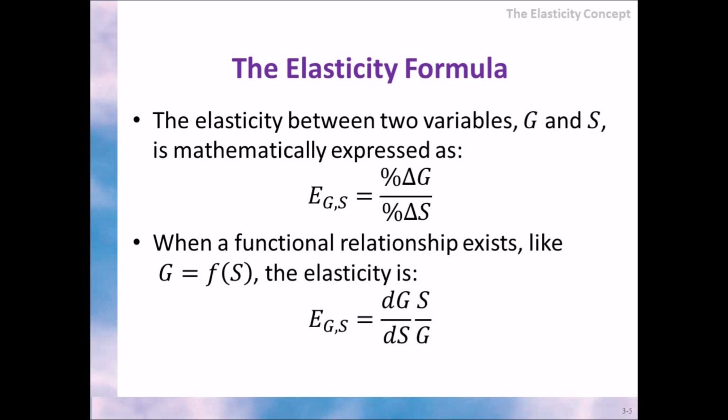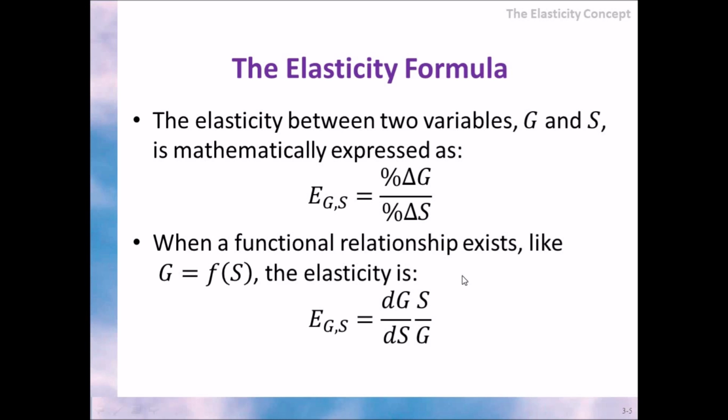If you learn about the own price elasticity last time, this G and S later will change into that specific symbol, for example, Q and P, in which we are going to look at it shortly after this. So this is the first formula, percentage change in G over percentage change in S.